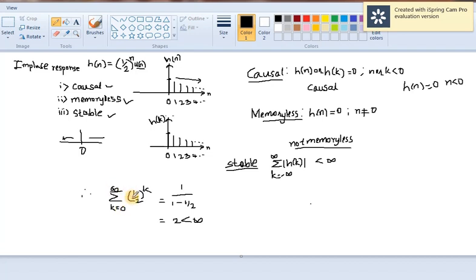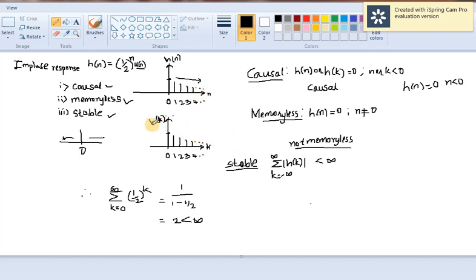Now we'll substitute. The signal given is h of n, but we do indexing because the convolution process is there, even though it may be with respect to the unit step signal. So let's write that equation, which is h of k. To get h of k from h of n, we do indexing: the same signal is redrawn and indexing is done. Now it is the k variable, not n.